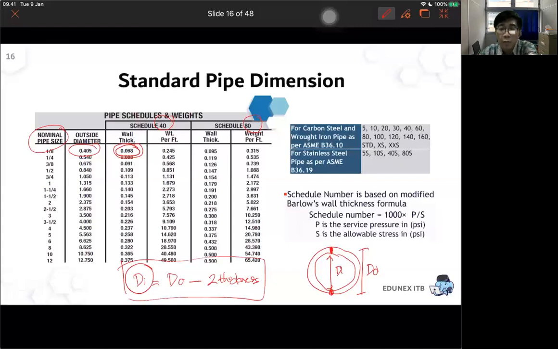So for carbon steel or wrought iron, depending on the ASMA standard of the materials, it will have schedule numbers from 5 to 160. But for stainless steel, it's like 10s, 40s as the standard. Again, you need to have the data in the table. Then you need to get the value of the inside diameters.